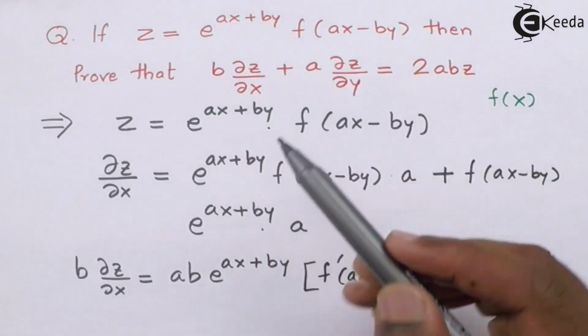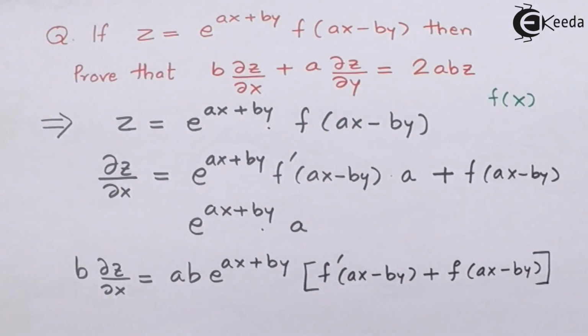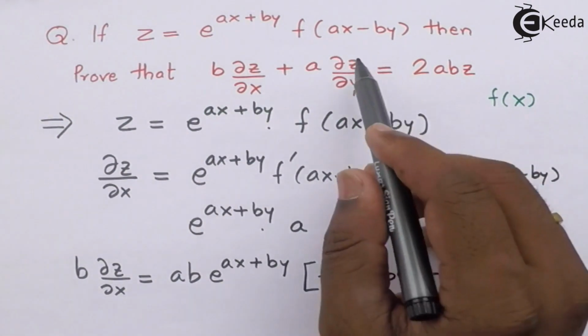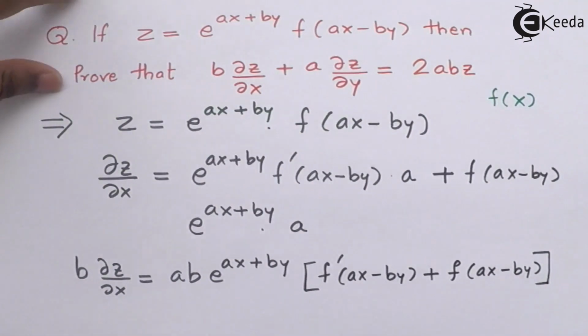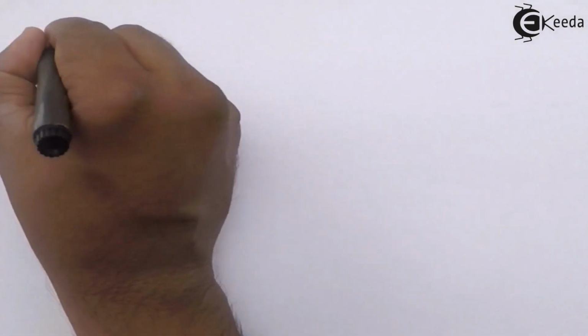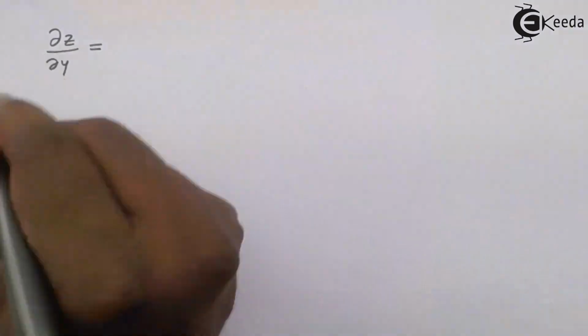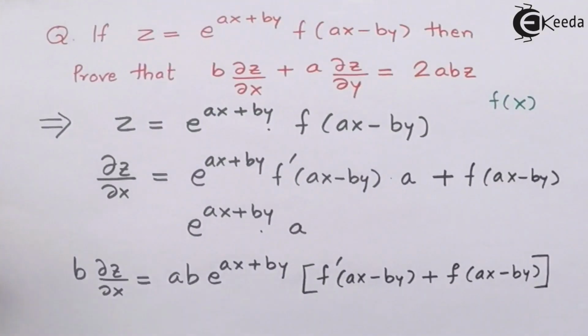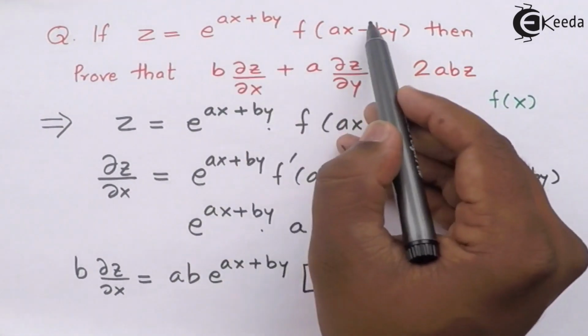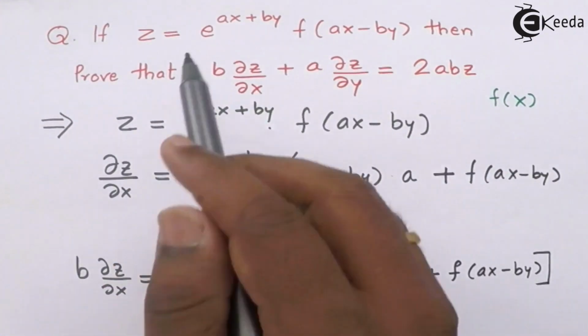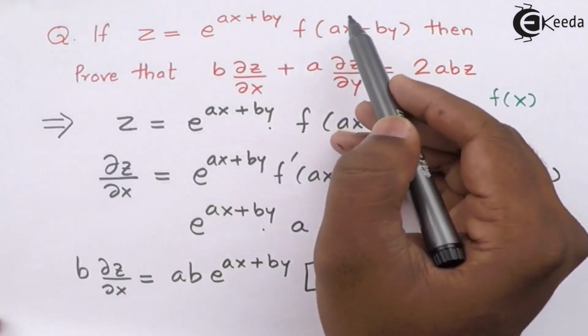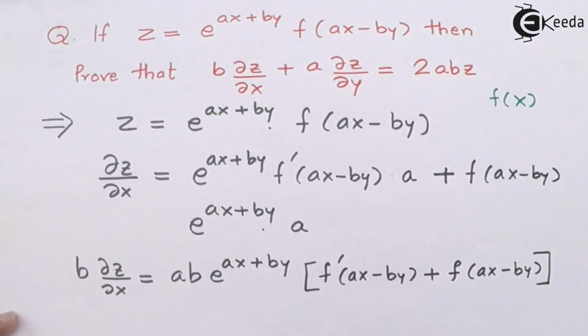Now let's find out the second one, del z by del y. And for this, we have to partial differentiate this z with respect to y. So to get that value, if I partial differentiate this, then these two functions again have the variable y, and that is why we have to again use the u into v rule.